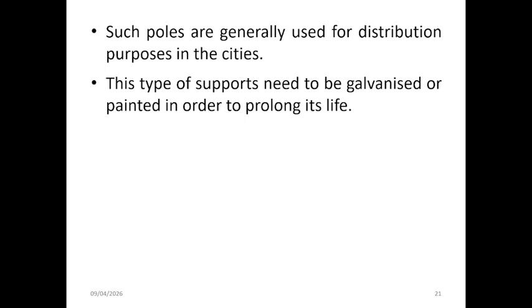To ensure durability and extend their service life, steel poles must be properly protected against corrosion, and this is typically achieved through galvanization or by applying protective paint coatings. Such treatments help prevent rust and environmental damage, making steel poles a dependable choice for city-based electrical distribution networks.